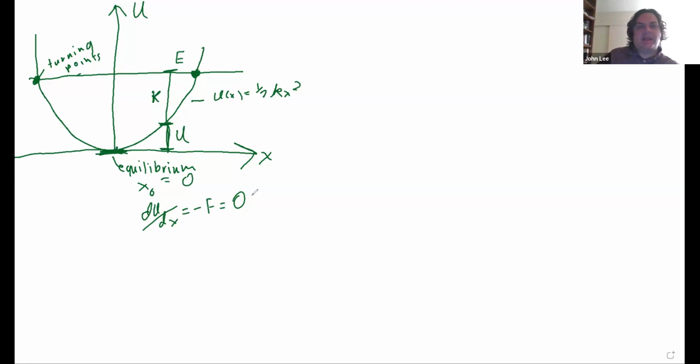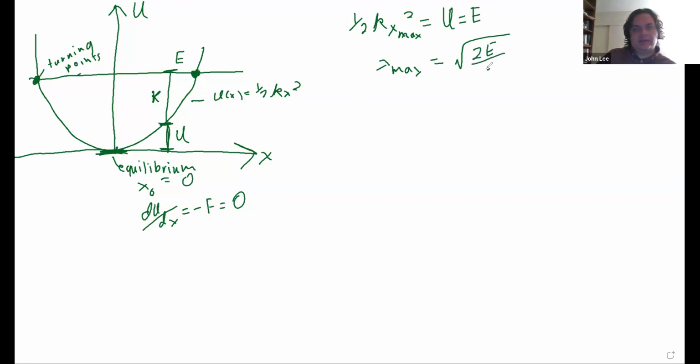So x max in this case: 1/2 k x max squared is equal to U, which is equal to the energy. So x max is equal to the square root of 2e over k.